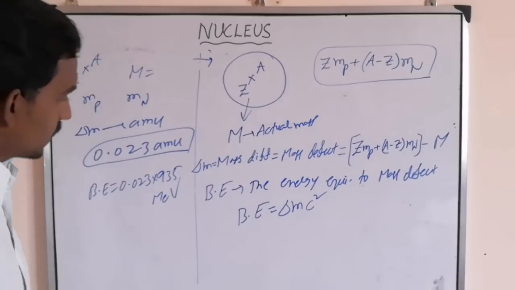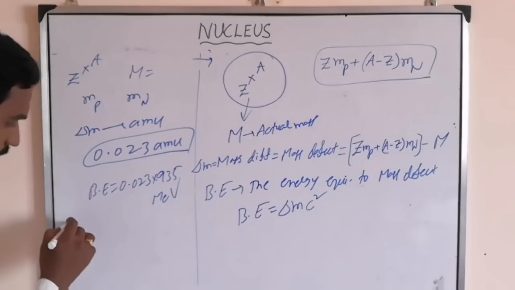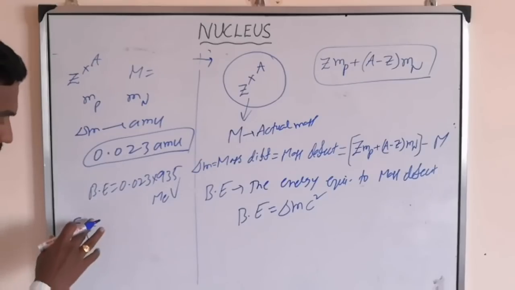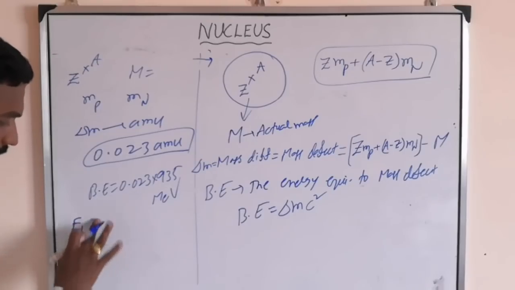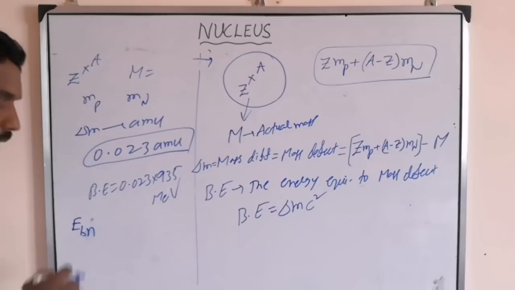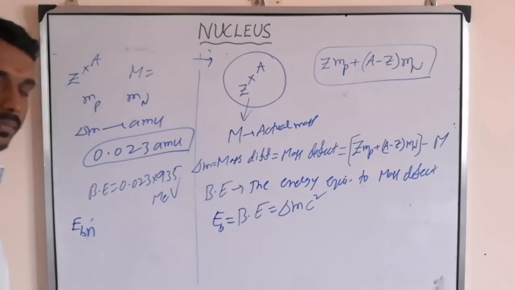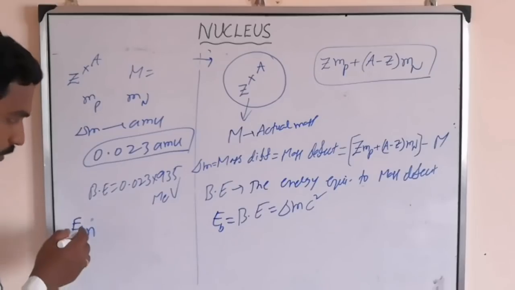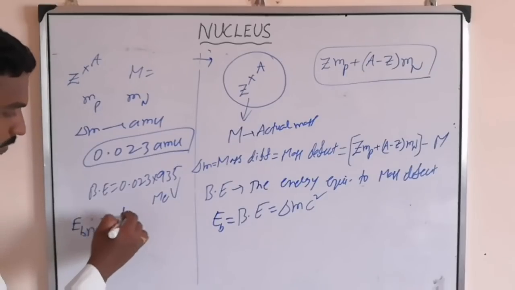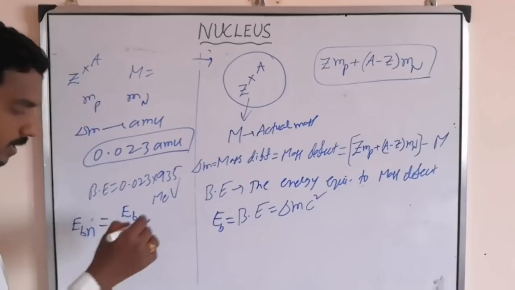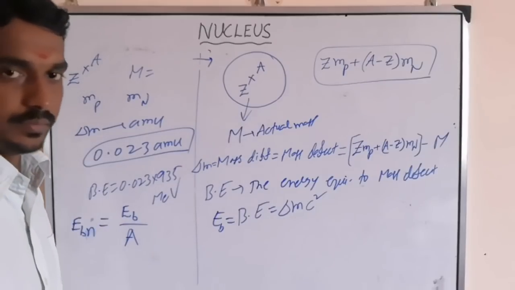And sometimes they will also ask binding energy, which you can represent with EB also, or they will ask you EBN. What is EBN? This is like EB, binding energy, but this one is binding energy per number of nucleons.